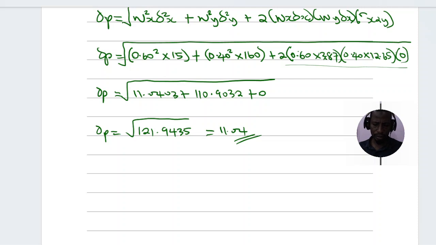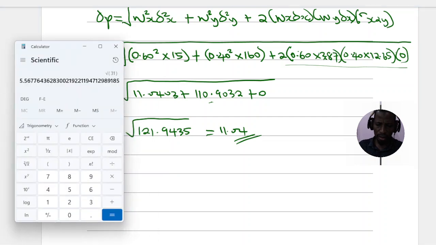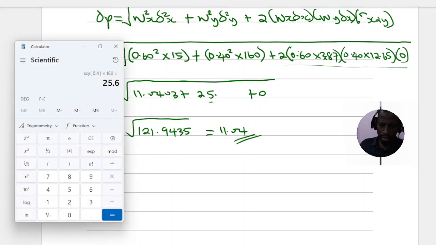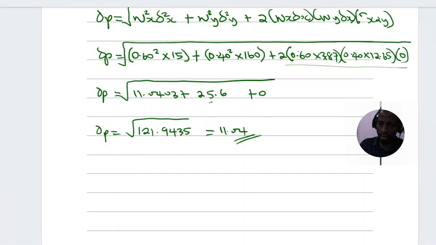Okay, let's do it again. This is not correct. Let's try it again. So this one is 0.4 squared multiplied by 160 equal to 25.6. This is not right. This is 25.6. So plus 0.